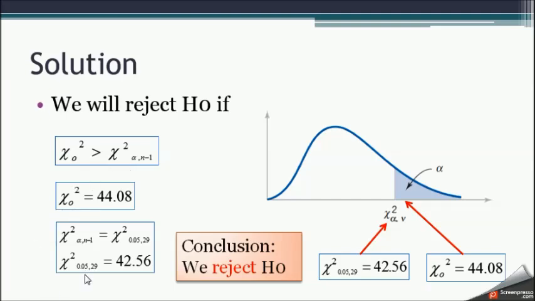We have computed the critical value for the chi-square when the area to the right of this point is 5% and the degrees of freedom is 29. We found that the chi-naught square falls in the rejection area, which is shaded in blue. So this is the rejection area. So our conclusion is to reject the null hypothesis.